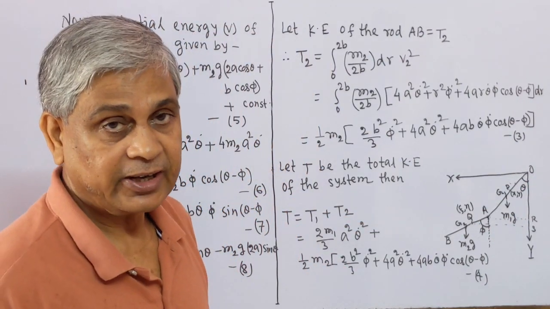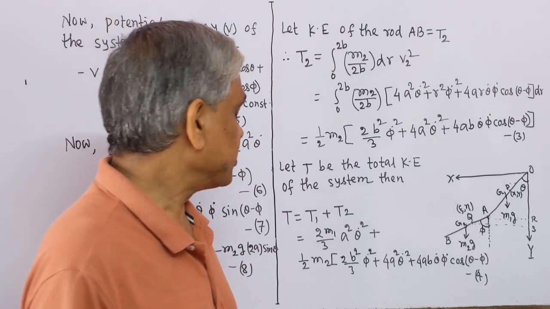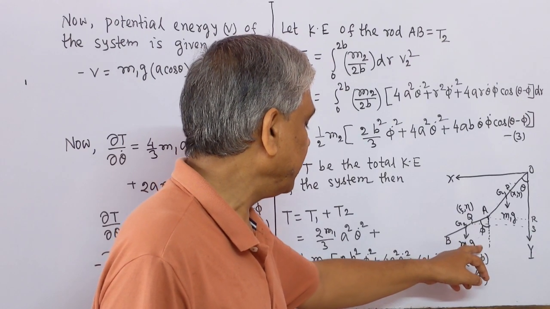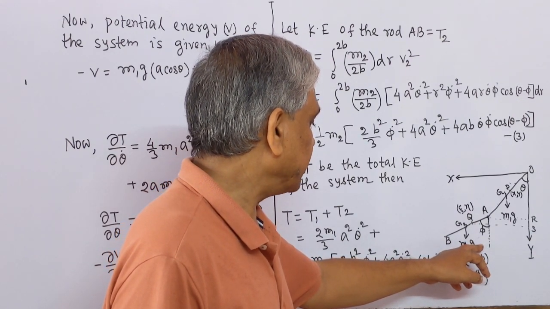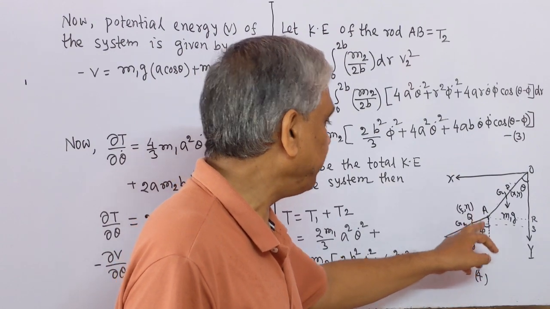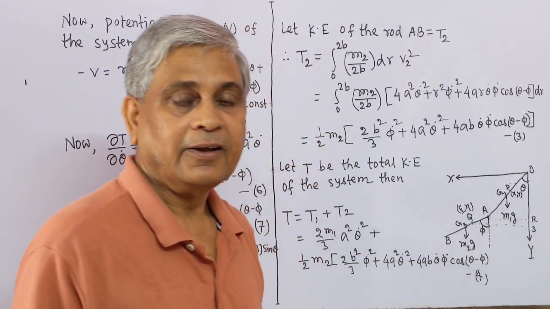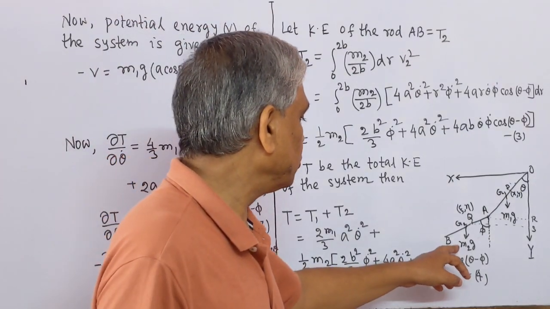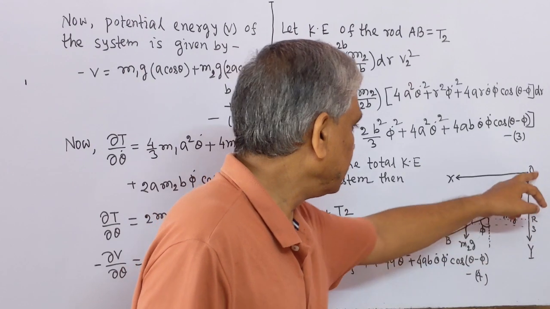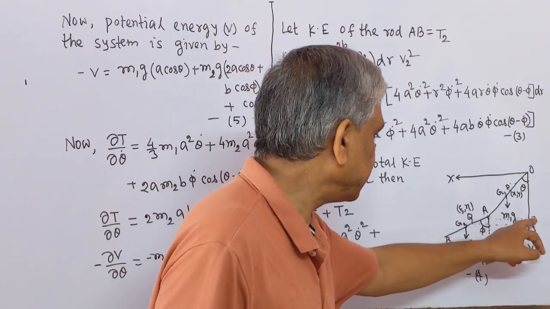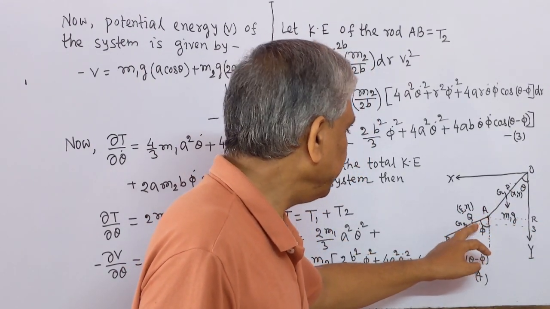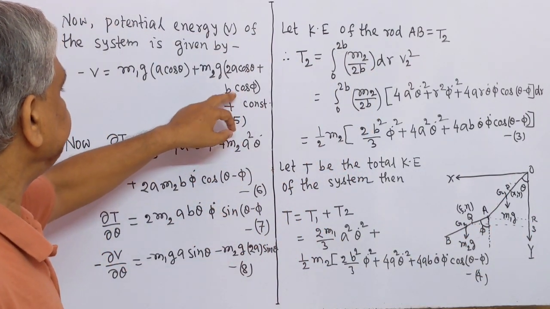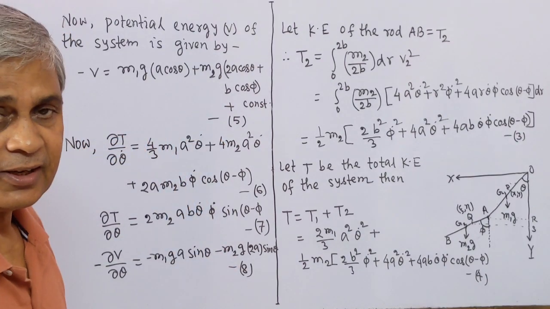This is the displacement, and the force acting at the point G2 is the mass of the rod AB, m2, multiplied by gravitational acceleration g. m2g multiplied by displacement is the reduction in potential energy, that is m2g multiplied by 2a cos theta plus b cos phi, plus constant.